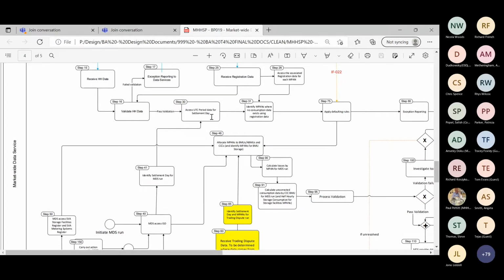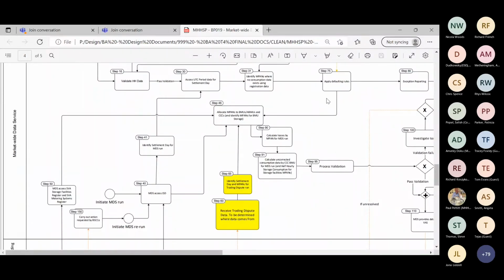If everything passes validation, then it goes on down into the calculations. There are some defaulting processes, so if there is data missing, then we need to apply defaults. Once all of that has happened, we allocate that data to the various balancing mechanism units, and if there are any additional balancing mechanism units, it will also do that allocation.